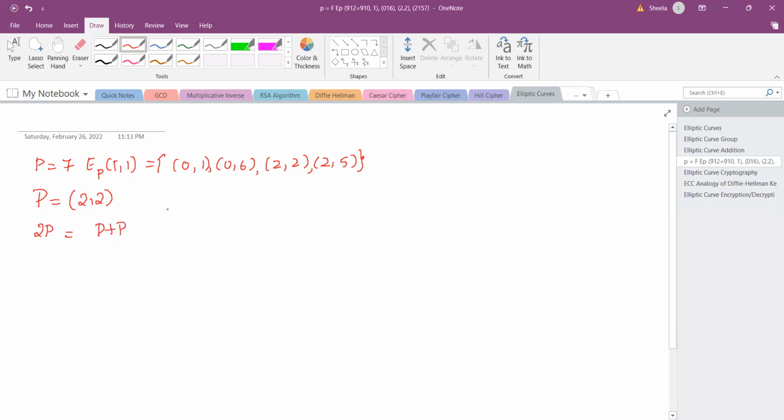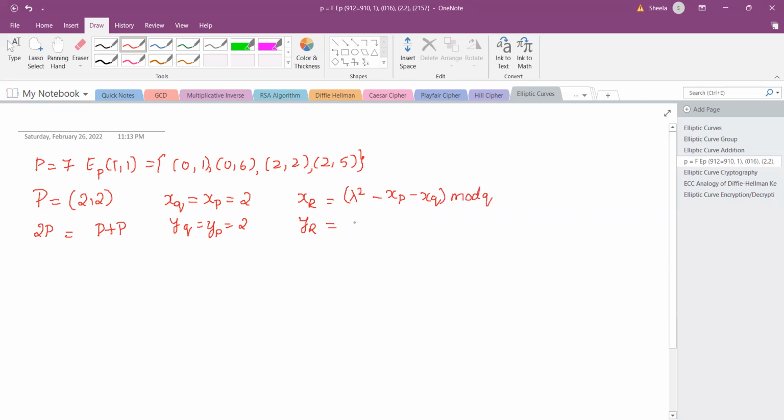So here I'm going to consider xq, which is equal to xp, which is equal to 2, and yq equals yp, which is equal to 2. In the expression, the resulting point coordinates xr and yr: xr is nothing but lambda square minus xp minus xq, and here xp and xq are the same, mod q we are going to consider.